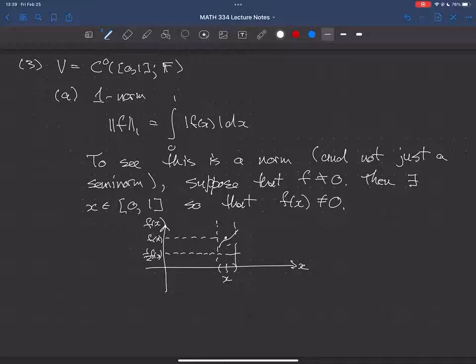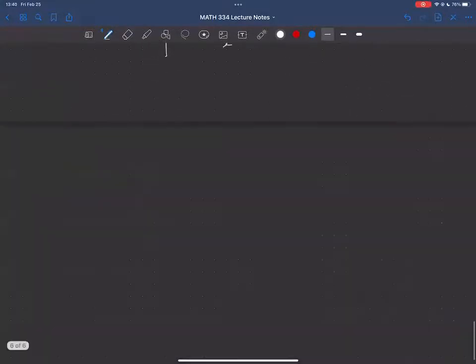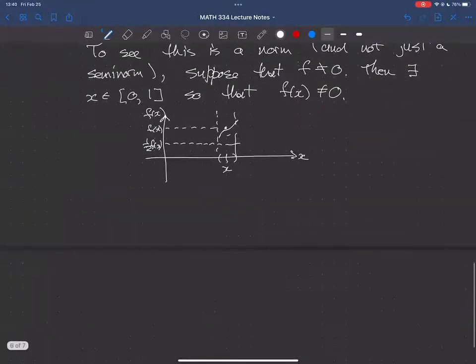Okay, that's just by continuity. So it can't drop below 0, for example, which is really the thing I care about. And let me write this little width here as r.